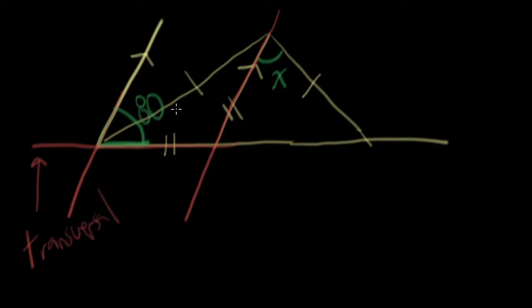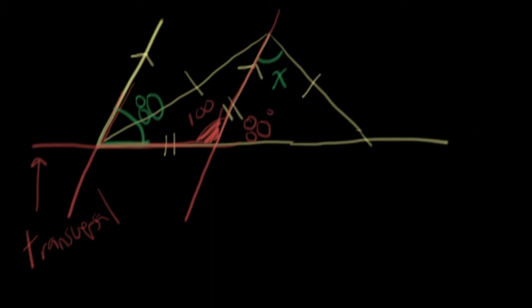So that means if this is 80, this part here would have to be 100 degrees. We know that because this whole thing makes basically 180 right inside here. So this whole thing has to be 180, and that means this is going to be 80 degrees, like that. So that lets us start to do some other things as well.